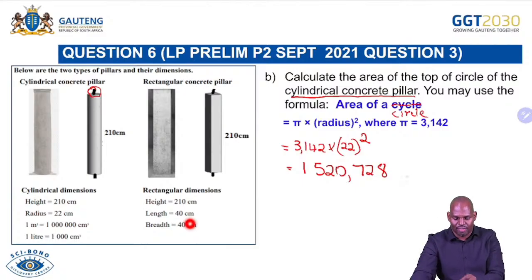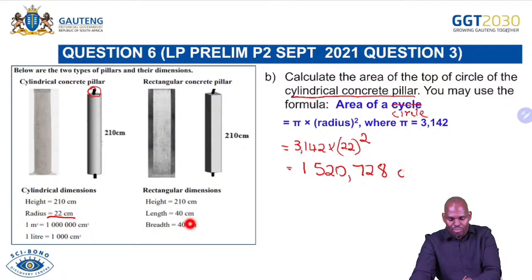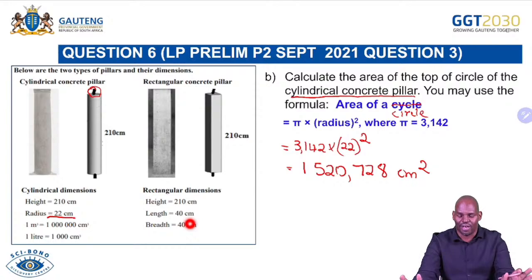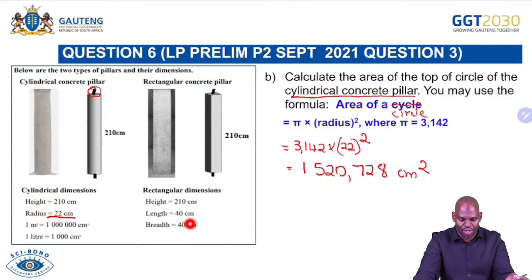Remember now our unit, we need to check. Our radius is in centimeters, so therefore our area will be in centimeter squared or square centimeter. That is 1,520.728 centimeter squared. Again, very important to first write down the original answer, and then after that, if you decide to round off, you can also round off, but the examiner in this case does not specify. Again, if you decide to round off, just make sure that you round off correctly.